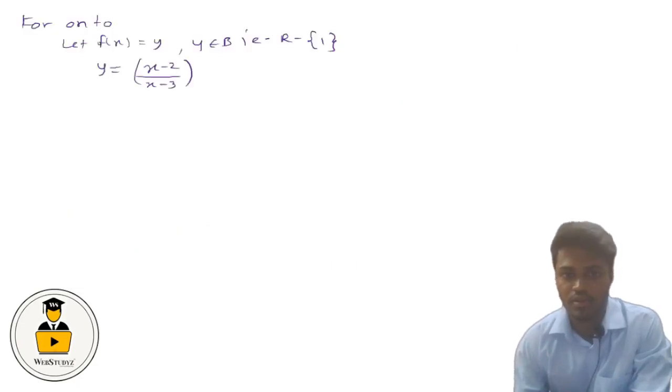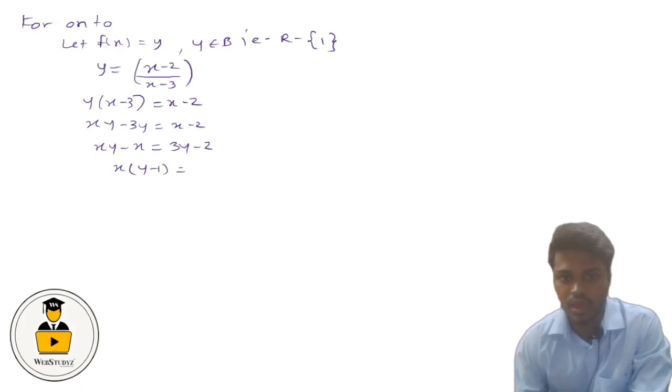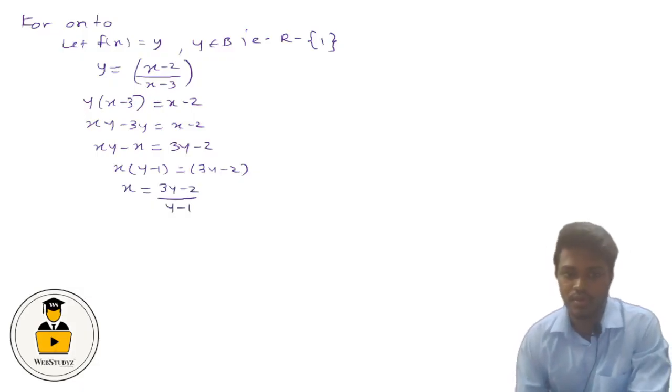From here we can find the value of x. So y into x minus 3 equals x minus 2. This will be xy minus 3y equals x minus 2. So xy minus x equals 3y minus 2, and if we take x common, it will be x into y minus 1 equals 3y minus 2. So x will be nothing but 3y minus 2 upon y minus 1. This is the value of x.